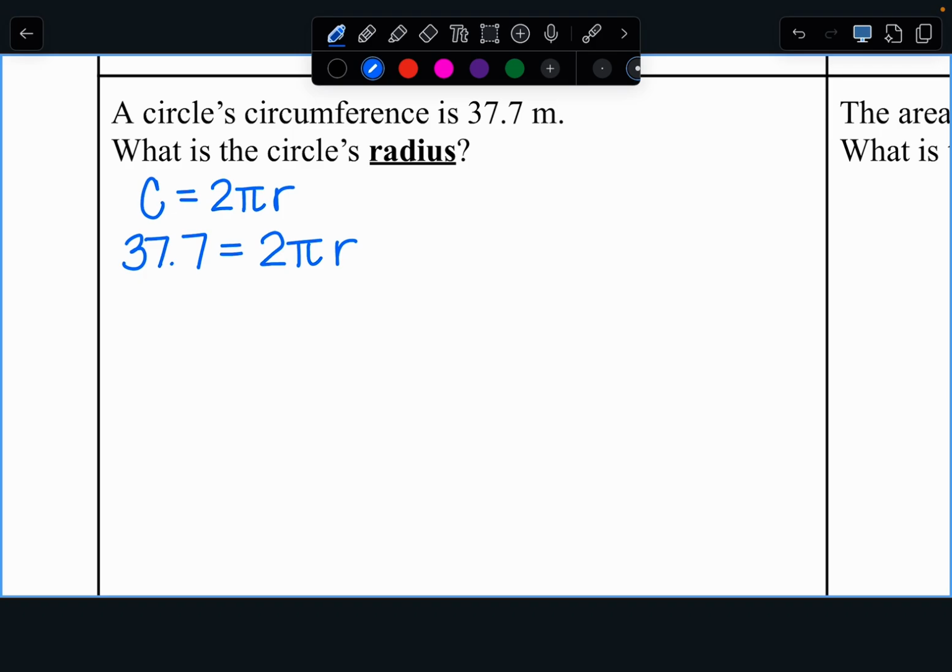To get r by itself, we can divide by 2 pi on both sides. Because that will cancel the 2 and the pi. So what we could calculate is 37.7 divided by, and make sure the 2 pi is in parentheses when you're dividing.